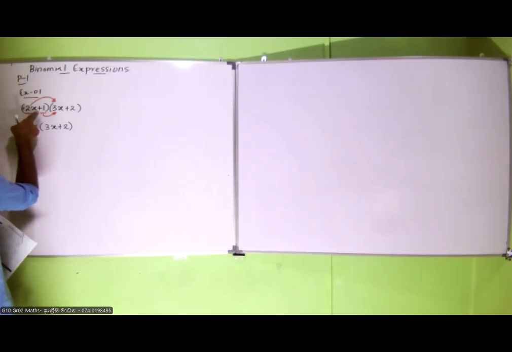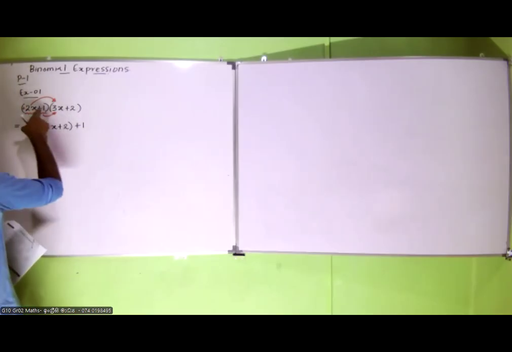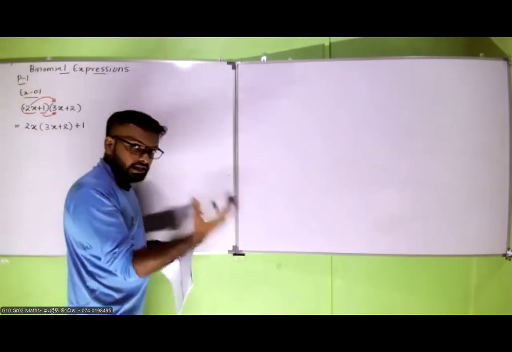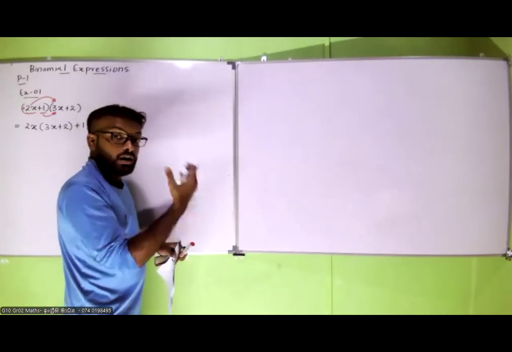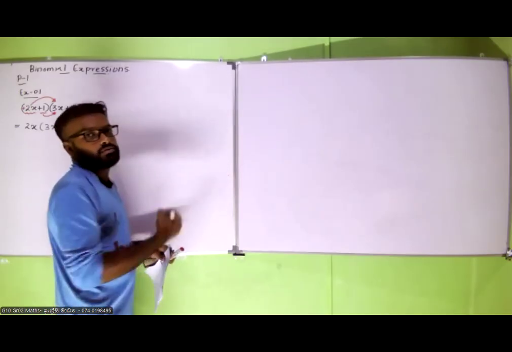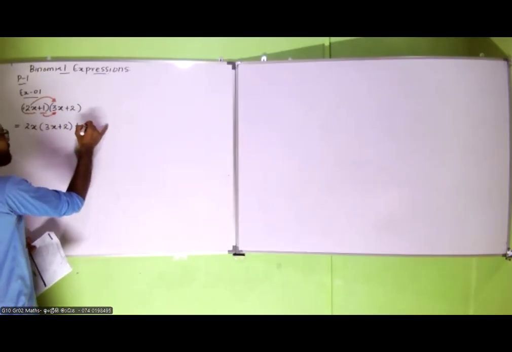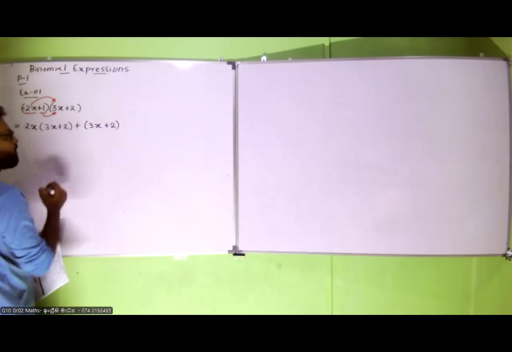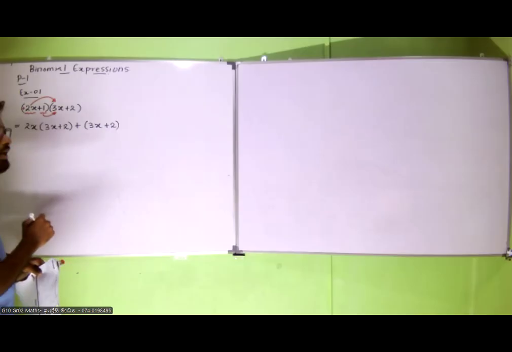Now I have positive 1. Actually, no need to write 1. 1 times apple means apple. 1 times x means x itself, the answer itself. 1 times 100,000 equals 100,000. So 1 times this means the same thing, 3x plus 2. Otherwise, it is positive. No need to worry at all.